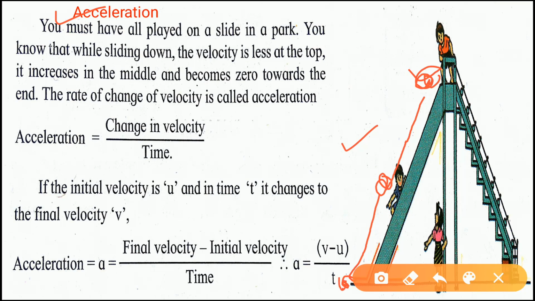Here the velocity is very less, here it increases, and at the end it becomes zero. So velocity continuously changes with time, and this is called acceleration. The rate of change of velocity is called acceleration.